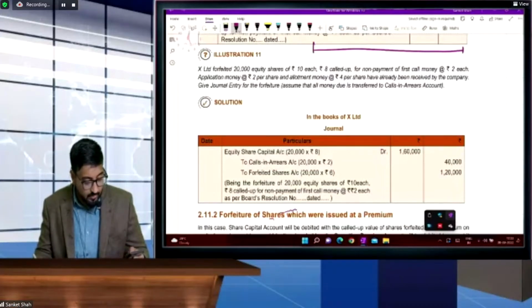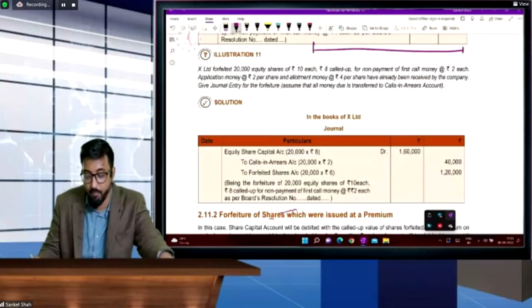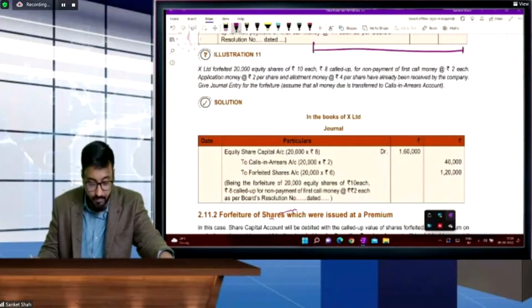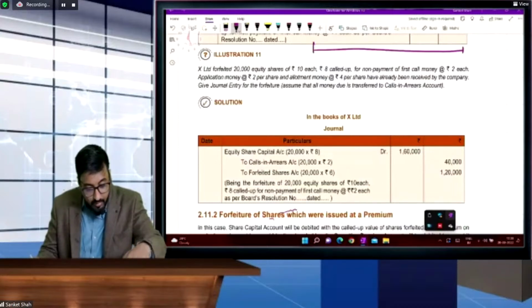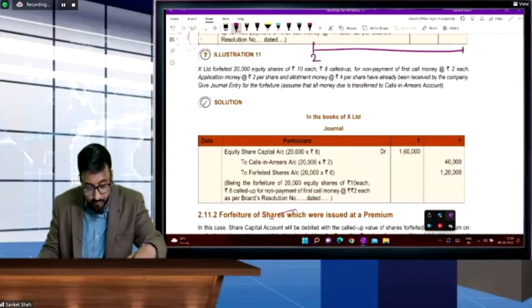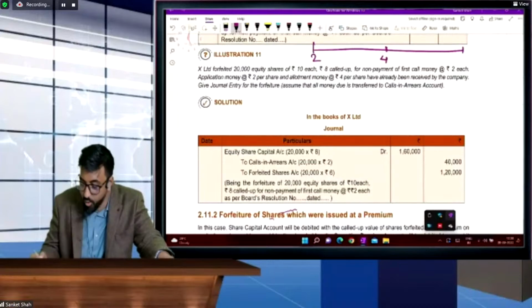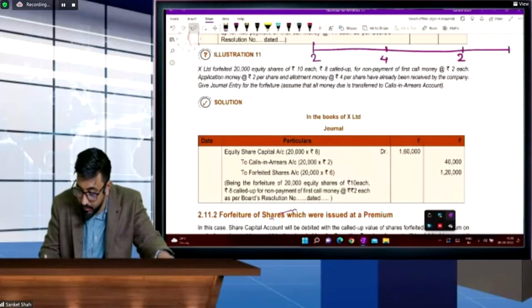Next one. X Limited forfeited 20,000 equity shares of 10 each, 8 called up, for non-payment of first call. 2 rupees application money, 4 rupees allotment money, 2 rupees first call, and then 2 rupees is the second call.